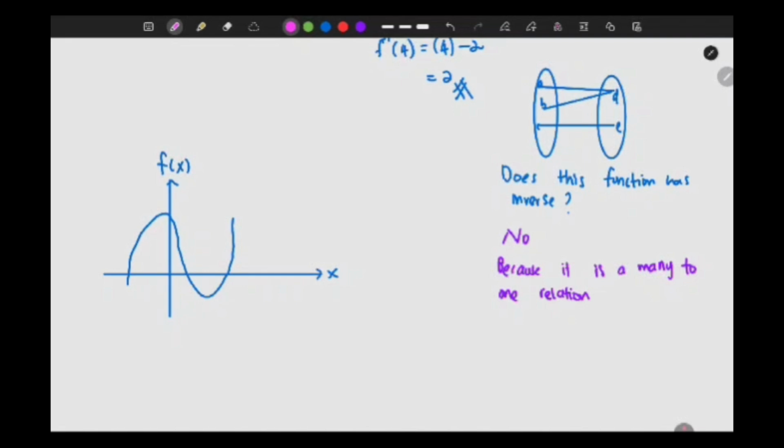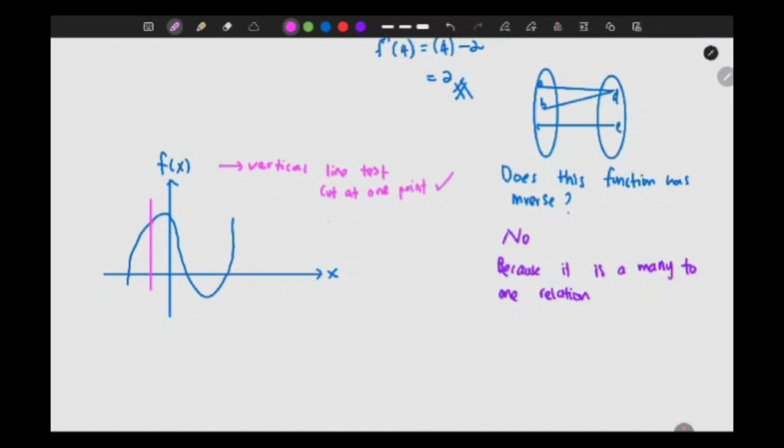If it cuts at one point, this is in my first video, it is a function. If not at one point, like 2 points, 3 points, more than 1, it's not a function, isn't it? So this is a function.